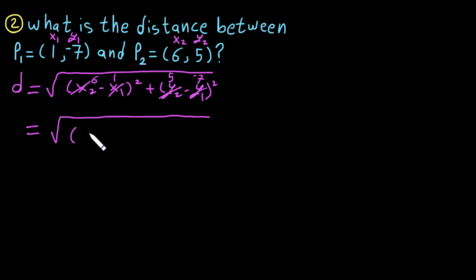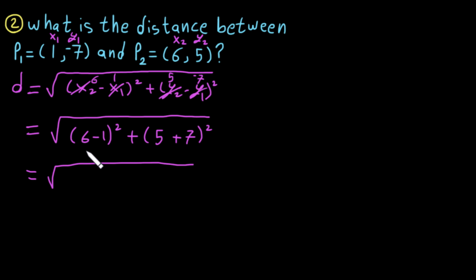So here 6 minus 1, the whole thing square, plus 5 minus negative 7, which is like 5 plus 7, the whole thing square. This equals the square root of 6 minus 1, which is 5, squared, plus 5 plus 7, which is 12, squared.